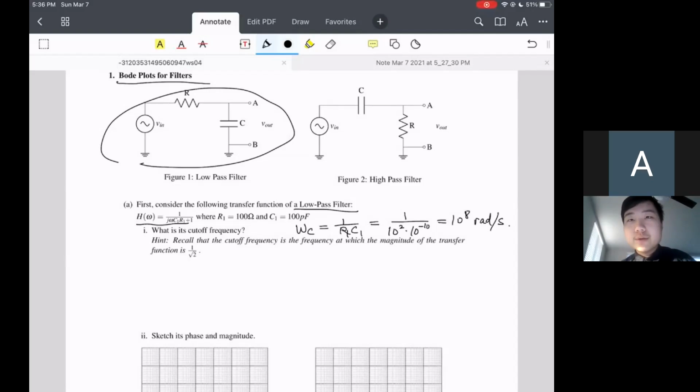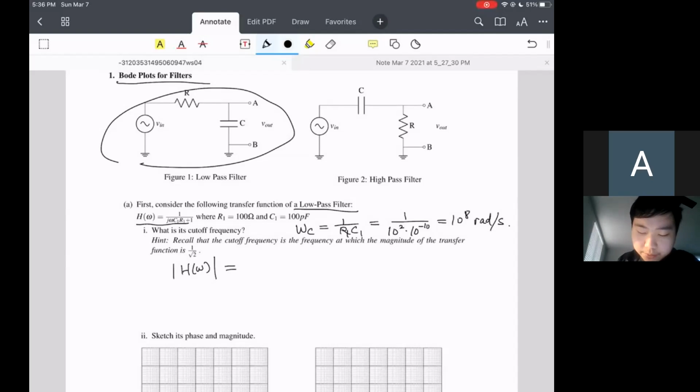For those of you who didn't watch the walkthrough for worksheet 3, or simply forgot why we have this cutoff frequency, recall that the cutoff frequency is defined as the frequency at which the magnitude of the transfer function is 1 over root 2. So we write out the magnitude of the transfer function. The magnitude of a quotient of complex numbers is just the quotient of the magnitudes.